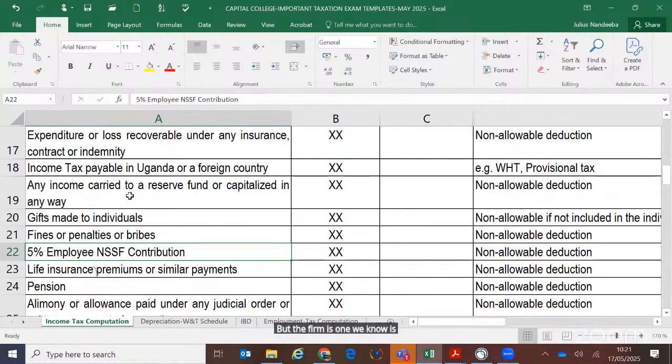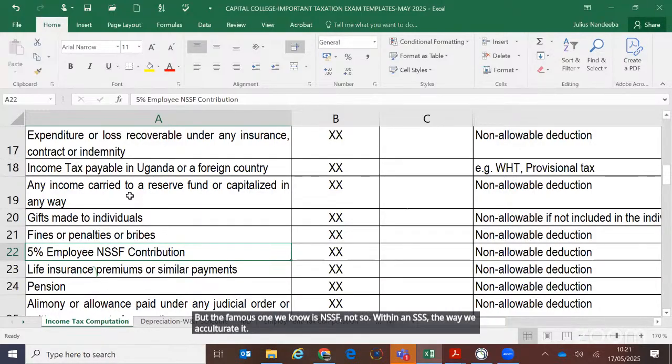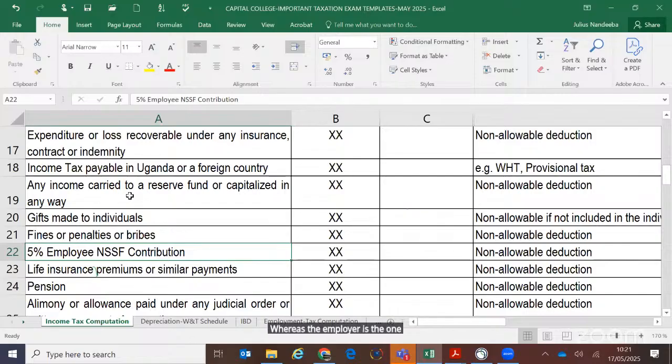Within NSSF, the way we calculate it, the employer is the one that writes the cheque of 15% NSSF, but he is not the one incurring the 15%. The employer only incurs 10%, and that is what is going to be allowed to him. The 5% is not his expenditure because it was deducted from the staff.